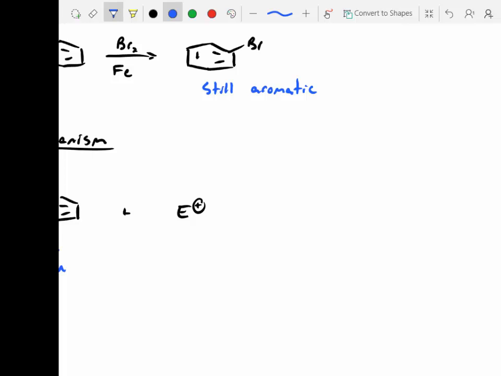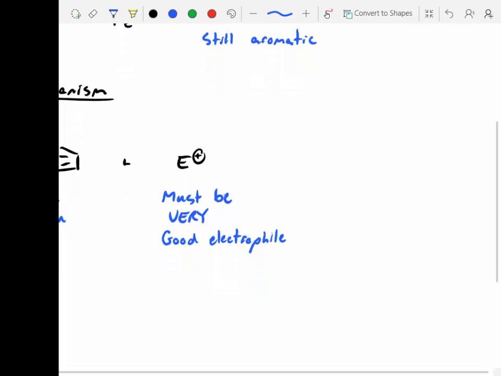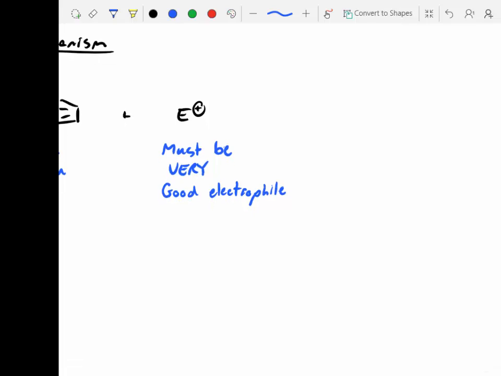If we're going to react it with an electrophile, that means our electrophile has to be super strong, right? Let's work through the arrow pushing. One of these pi bonds can be nucleophilic, and this pi bond can attack our electrophile.